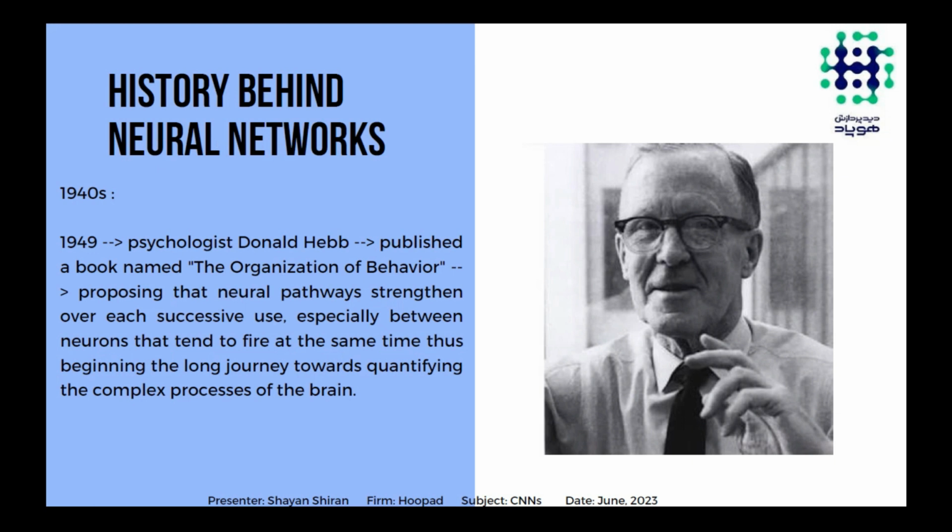In 1949, psychologist Donald Hebb published a book named The Organization of Behavior. In that book, he proposed that neural pathways strengthen over successive use, especially between neurons that tend to fire at the same time, thus beginning the long journey towards quantifying the complex processes of the brain.